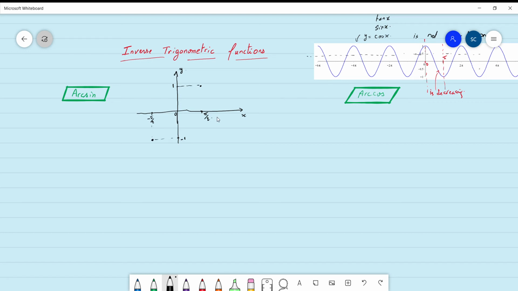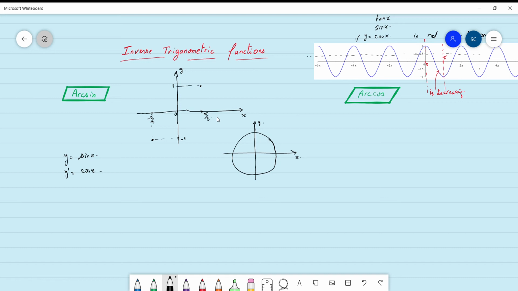Let's say y equals sine x. Y prime is cosine x. So yes, it is increasing. The trigonometric unit circle helps to read the sign.